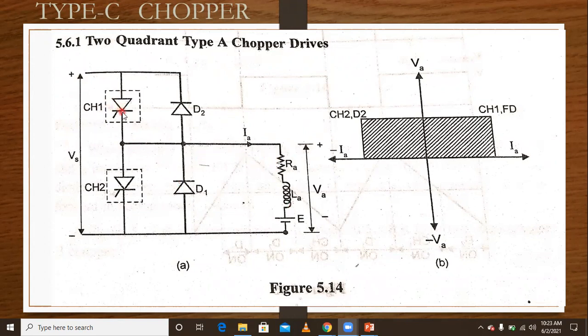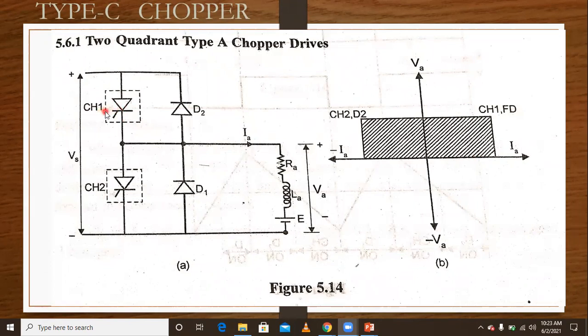So the armature current IA freewheels through diode D1, like this. Understood? This is forward motoring mode only. The armature current is in the same direction as before when chopper H1 is in the off state.